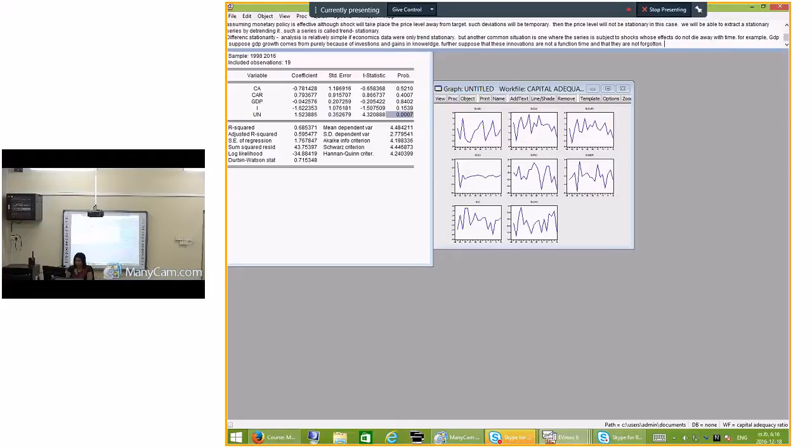In each period, therefore, GDP equals its previous period's value plus an increase due to that period's innovations.